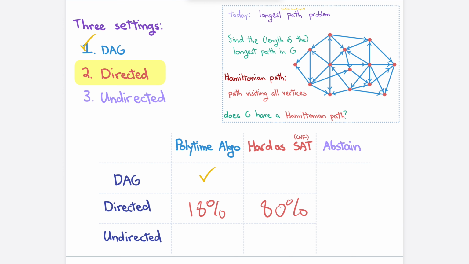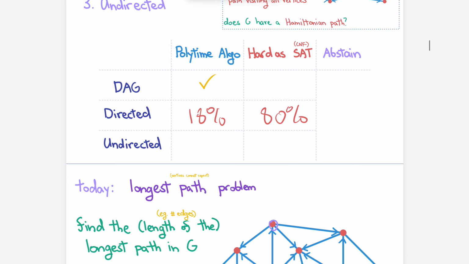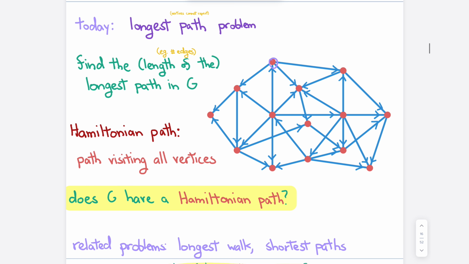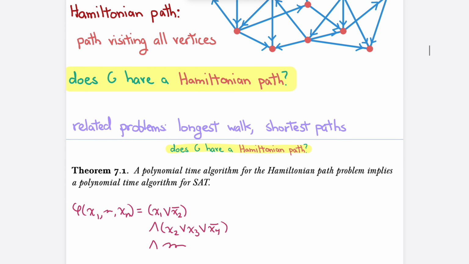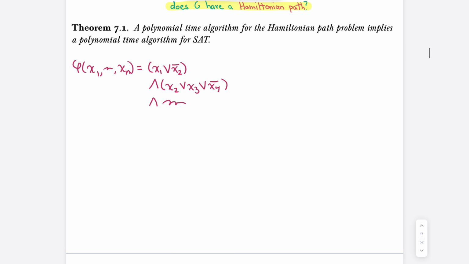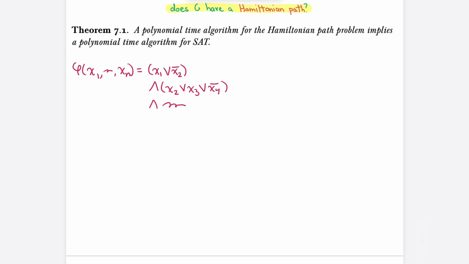Okay, so indeed, we're going to try to figure out if a directed graph has a Hamiltonian path, and we will show, as many of you anticipated, that a polynomial time algorithm for Hamiltonian path will give you a polynomial time algorithm for SAT. Even finding a Hamiltonian path, which is a special case, will give you a polynomial time algorithm for SAT.